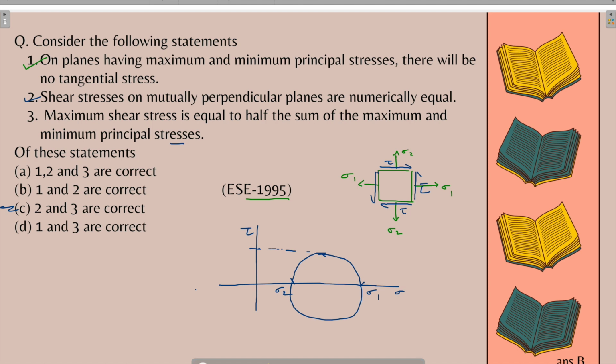This point will represent the maximum shear stress. This is tau max. If you look carefully, students, this tau max is nothing but the radius of the Mohr circle.